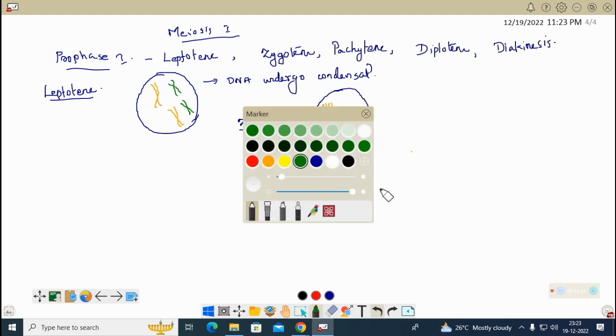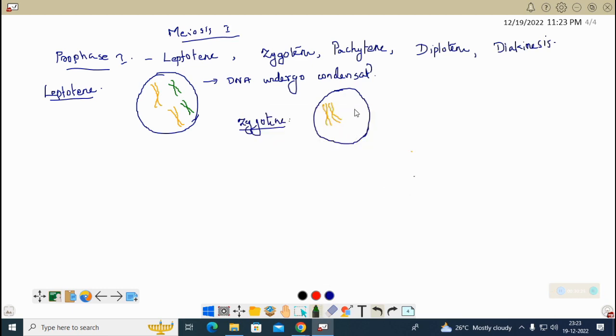Now chromosome number 2 also will be arranged parallelly, like that. This is called the bivalent tetrad formation.